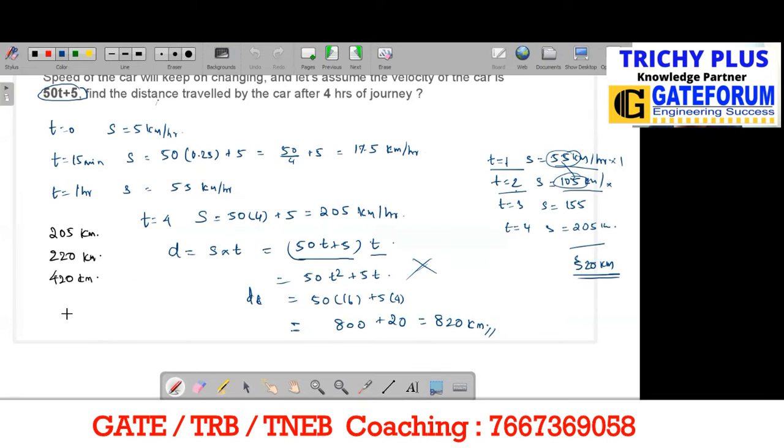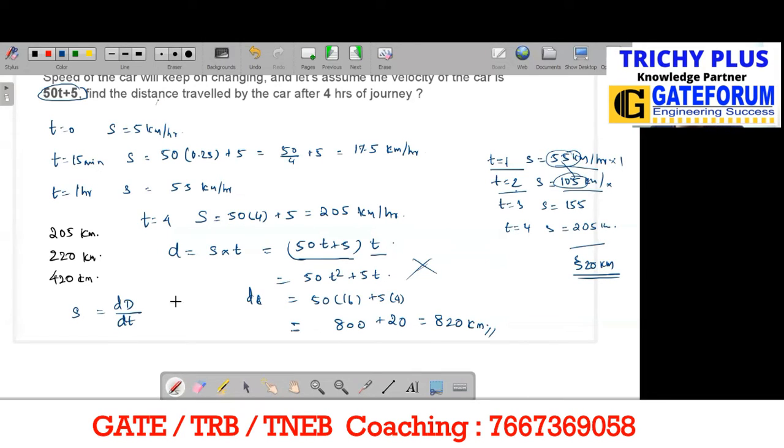Okay. So we can define the speed as a small change in distance divided by small time, right? Which is nothing but, instead of speed, I will take dd by dt, which means a small change divided by small time.